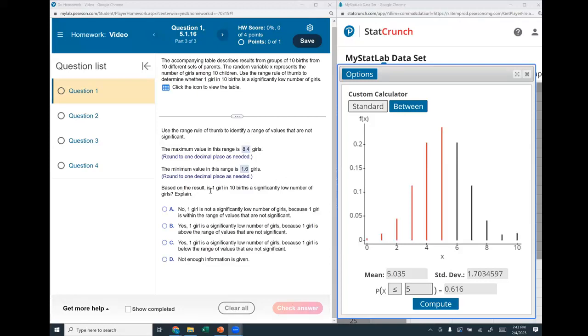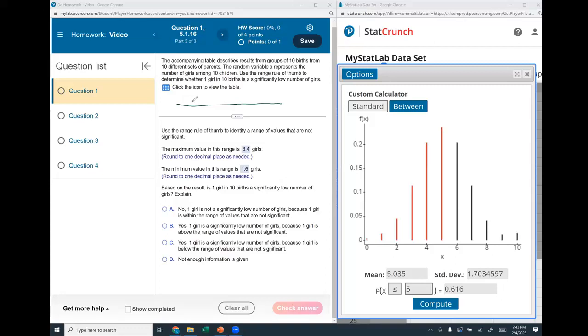Based on the results, is 1 girl in 10 births a significantly low number of girls? Yes, it is, because if I draw my picture, let's take a new color. All right. So let's say I draw my picture, right?